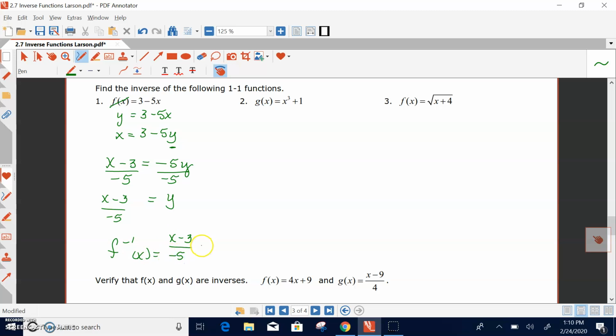We could also maybe rewrite this as negative x over 5 plus 3 over 5. Just breaking that up, x over -5, -3 over -5 into 2 pieces. Either way, either one of these would be fine, this form or this form.